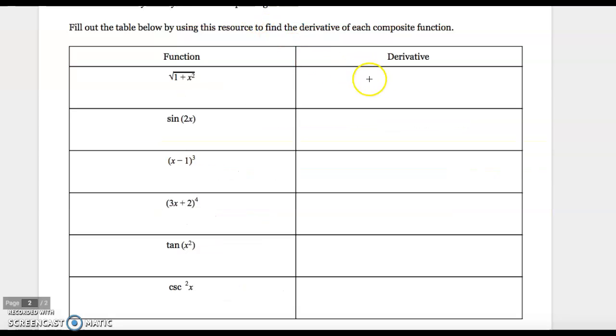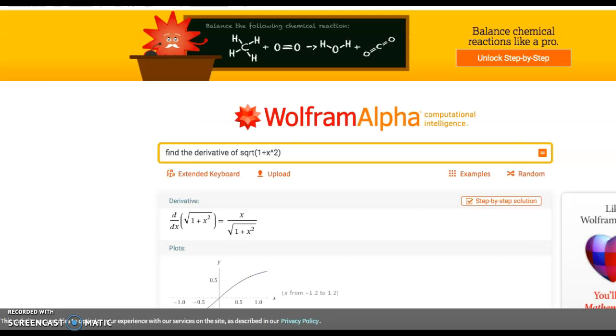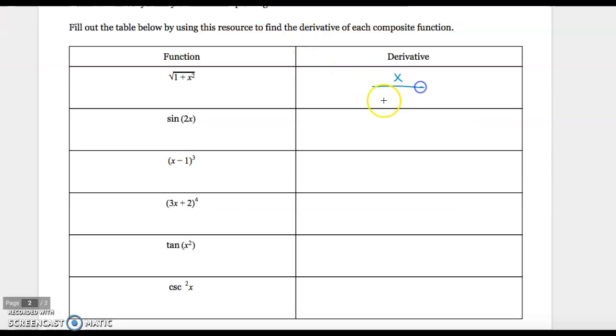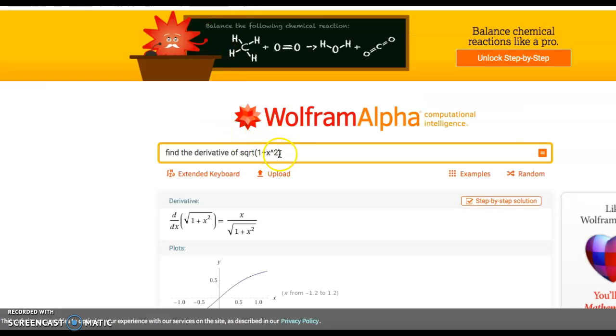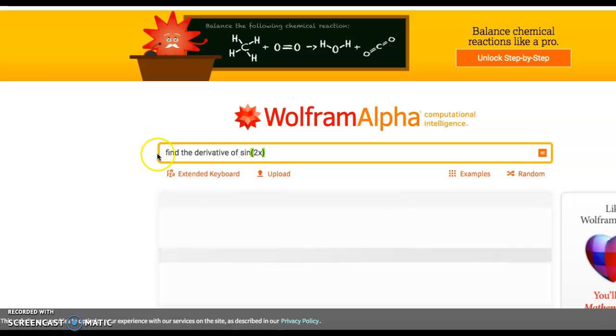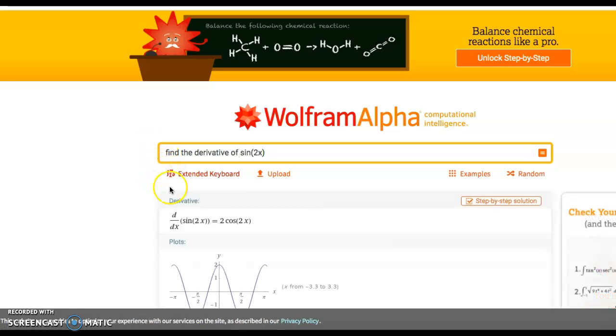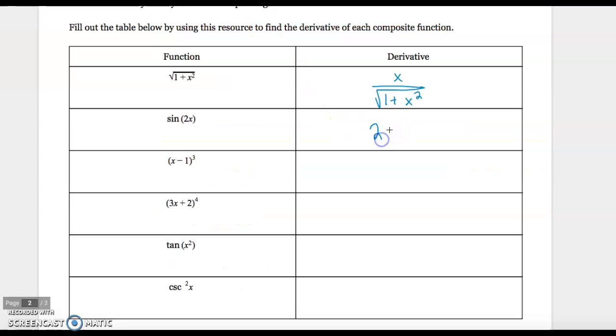So I'm going to go ahead and put that in here: x over the square root of 1 plus x squared. Lovely. For this next one, we'll say find the derivative of sine of 2x, which gives me 2 cosine of 2x.